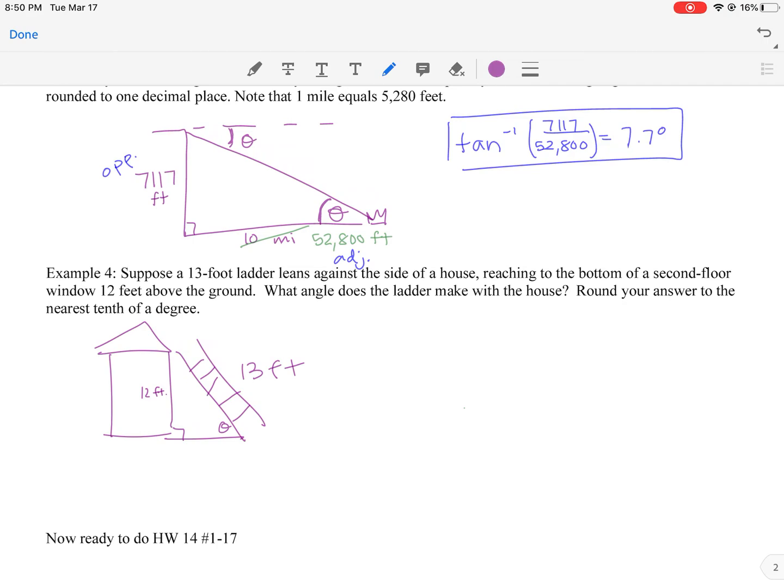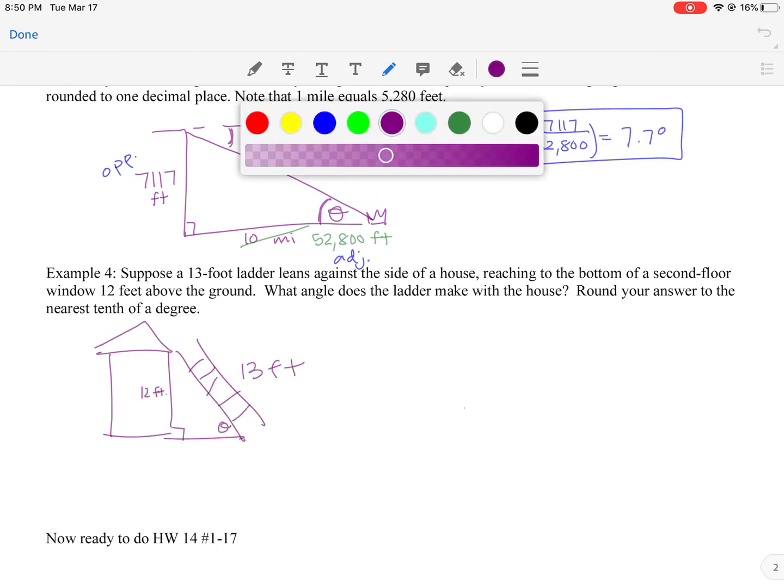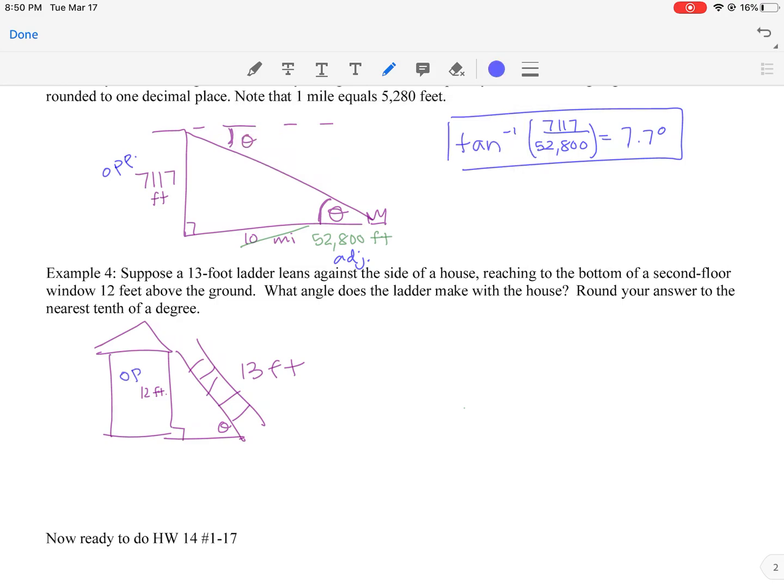Notice these are right triangles. So I've got my opposite side, and I've got my hypotenuse. So therefore, I am using sine inverse, or arc sine, of 12 over 13. So as I do sine inverse of 12 over 13, we end up with 67.4 degrees.